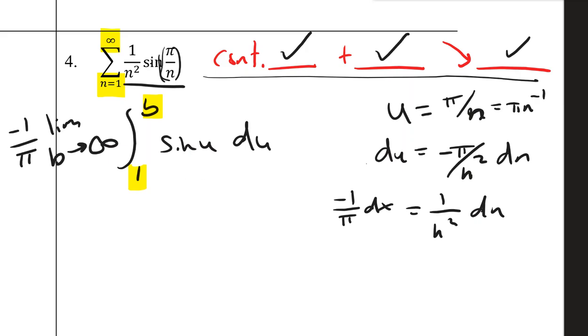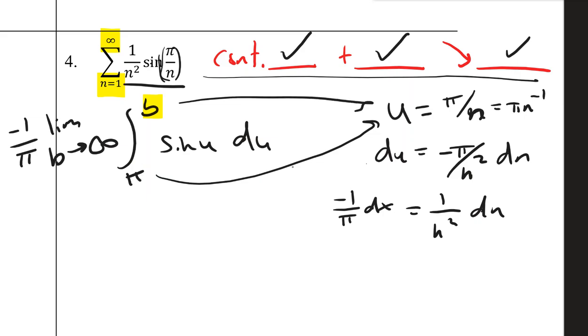Okay, now one thing I do need to go and change since I didn't make 2 steps out of this. Remember 1 and b when I was talking about n stuff, but if I'm talking about u stuff, when n is 1, u is actually pi, and when n is b, if I plug in b here, then u would be pi over b.